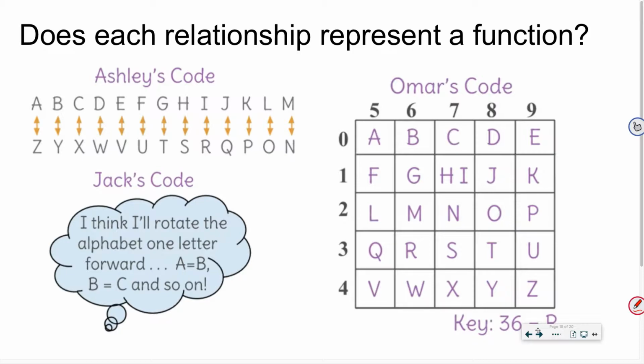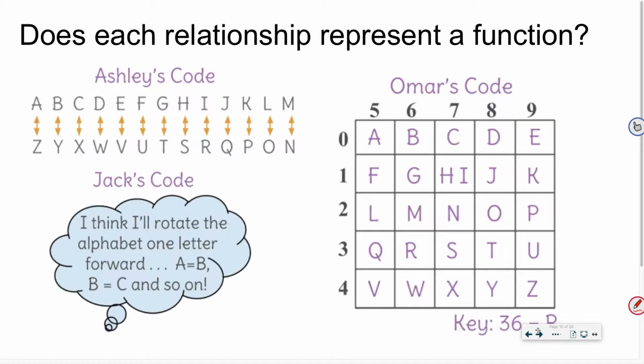And it can be represented in multiple forms because you can go backwards. Yeah, every letter of her code gives me one letter result, right? An input of an A will always give me a Z. An input of an E will always give me a V. So I'll know one input will always give me one output. So hers is a function.